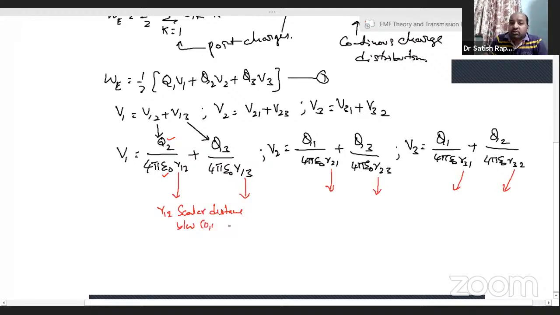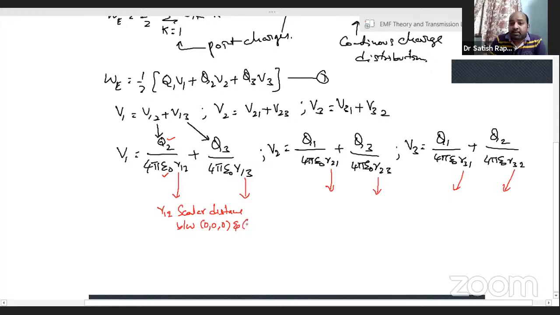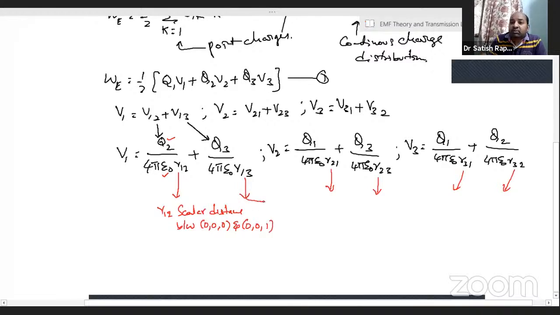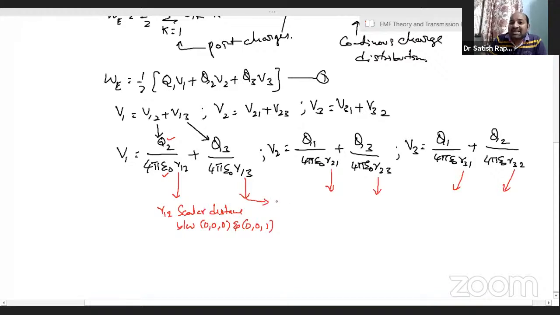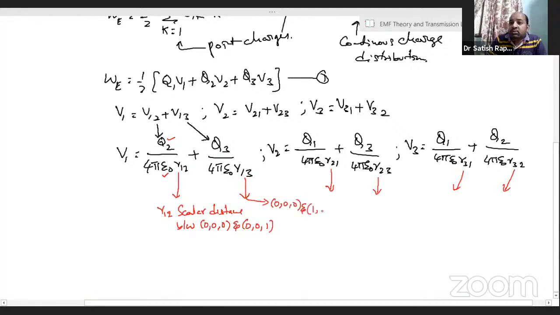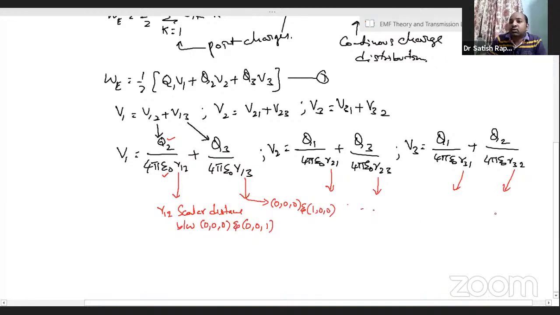It is 0, 0, 0. And what is point 2? Point 2 is 0, 0, 1. Similarly r13 is the scalar distance between 0, 0, 0 and 1, 0, 0, and so on and so forth.